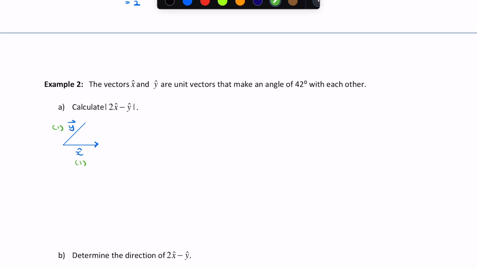It would look something like this. But what we're looking for is 2x minus y. So here we have to construct 2x minus y, so 2 times the vector x minus y.